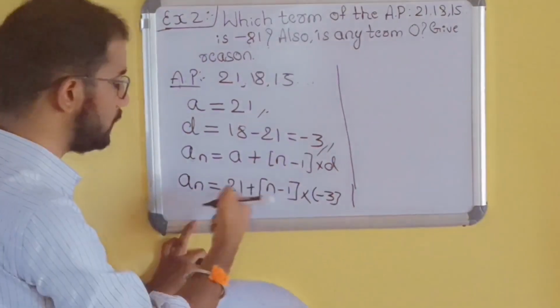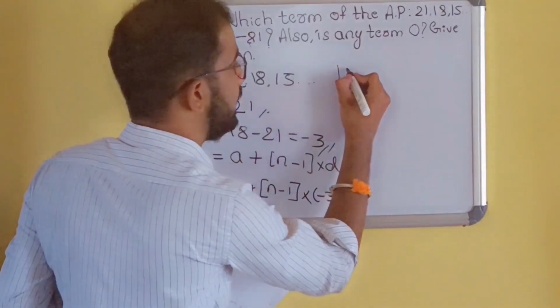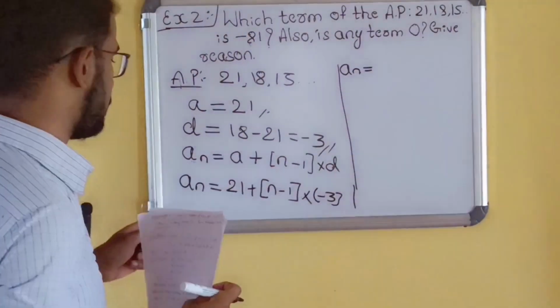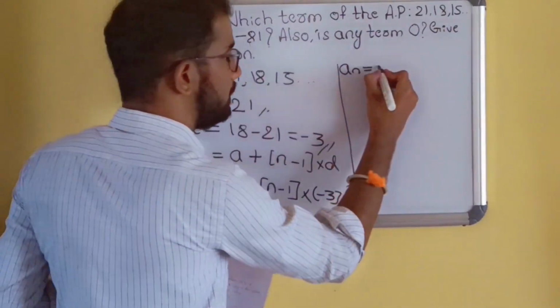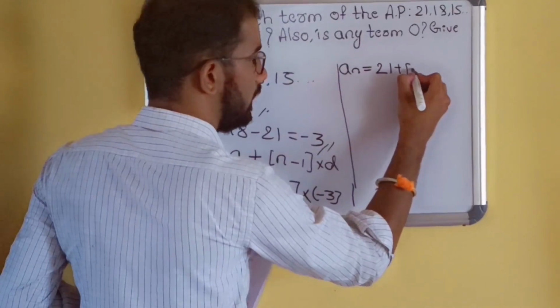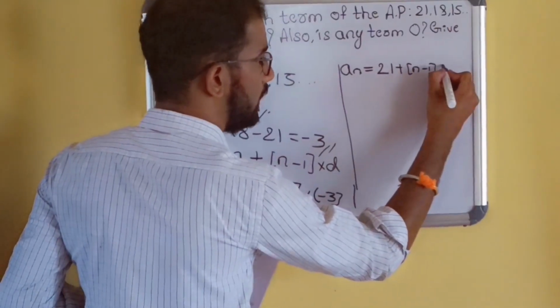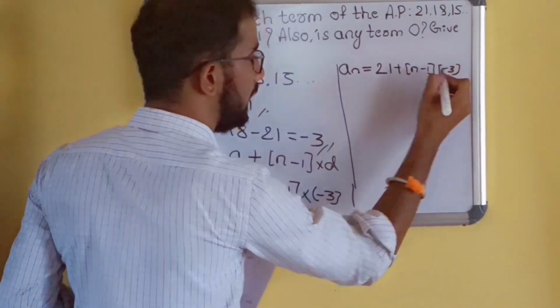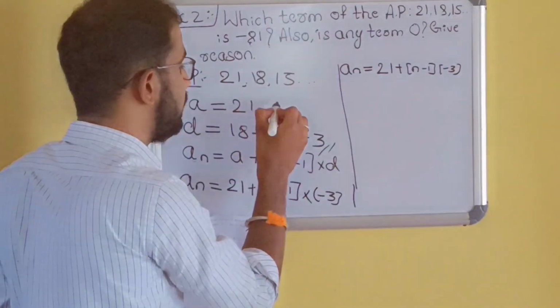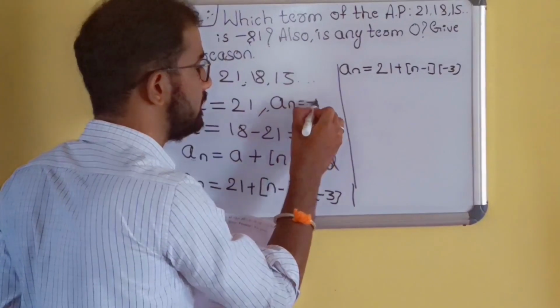Now how to substitute over here? an equals 21 plus n minus 1 into minus 3. But here an is given. an is minus 81.